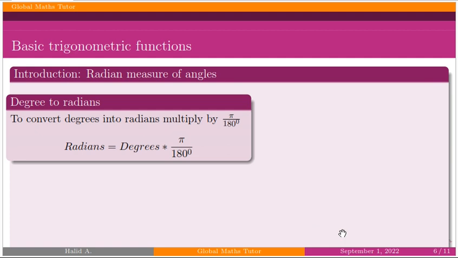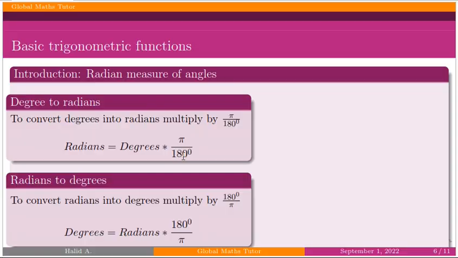Okay, after defining, let's see how to convert degrees to radians and vice versa. To change degrees into radians, simply multiply by pi over 180 degrees, while to change radians to degrees, multiply radians by 180 over pi. Let's see some examples.